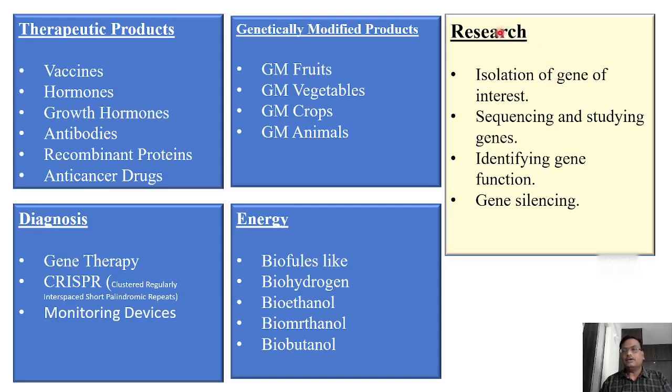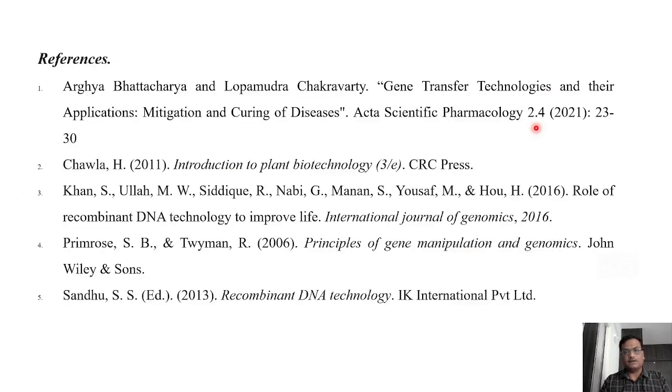And for research, you can use the recombinant DNA technology for isolation of the gene of interest, sequencing and studying the genes, identifying the gene function, and gene silencing. So once the gene of our interest is identified, isolated and sequenced, it can be used for many different purposes in the research field.